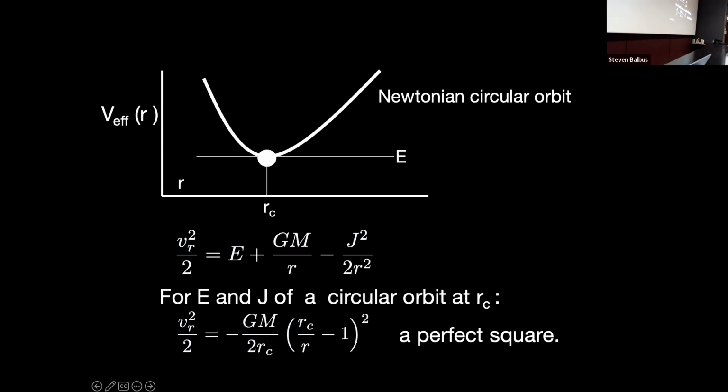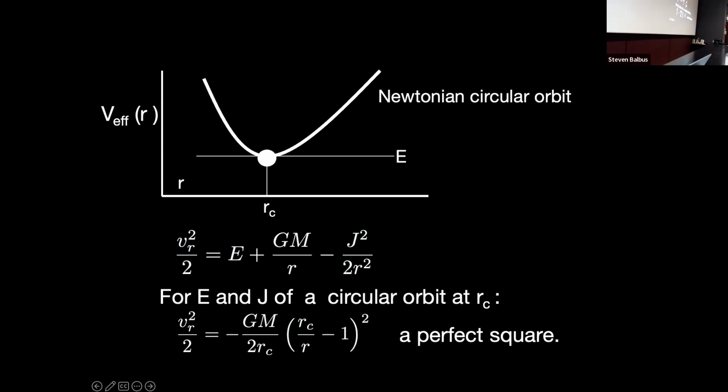So if I write the energy equation this way, and I stick in the E and the J, that is to say, the energy is minus 1/2 GM over R_C, that's the location of my circular orbit. The J is the square root of G M R_C. That's the Keplerian total energy and angular momentum. And if I take those values and plug it in here, I find that the right-hand side becomes a perfect square.